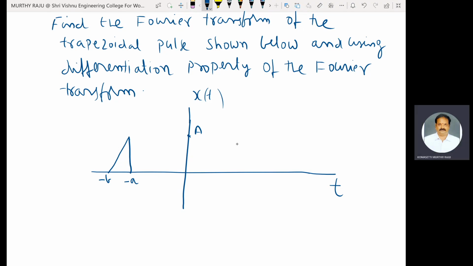This is the waveform. Find the Fourier transform by using the differentiation property of the Fourier transform.